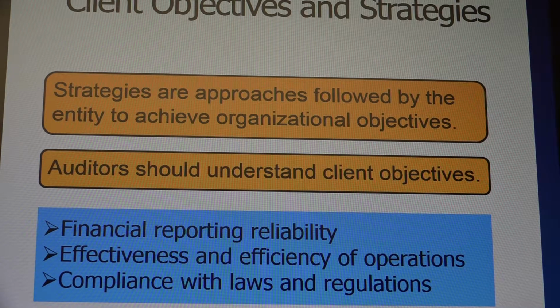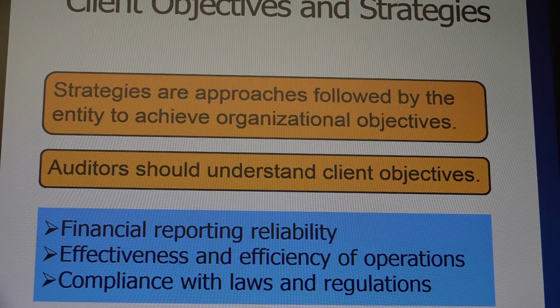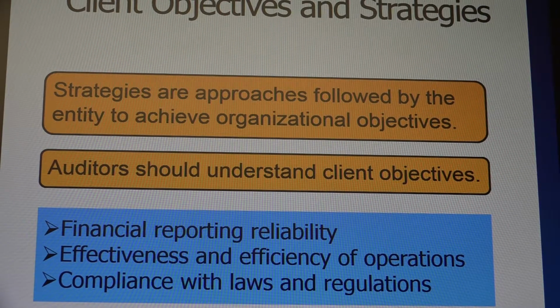Next thing you have to look at when trying to understand the client's business and industry is the client's objectives and strategies. And so it says that strategies are approaches followed by the entity to achieve its organizational objectives.